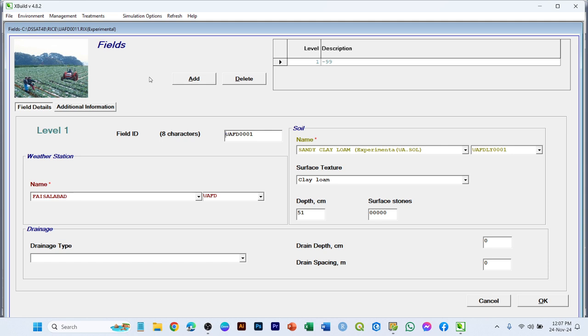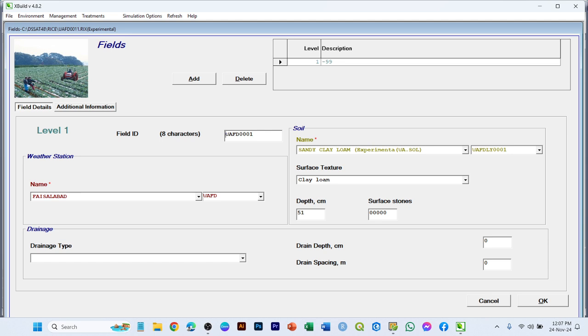Okay, so weather station. This interface basically shows all the information that you have to put in the experiment. First you have to create the soil file, then the weather file, then you have to go for the XBuild or experiment file. It doesn't matter.